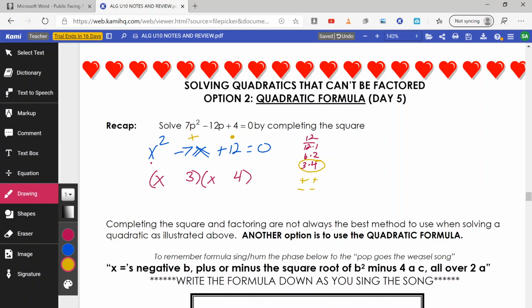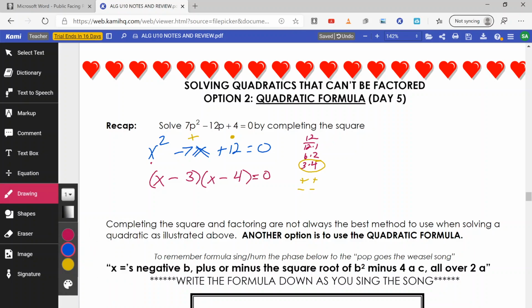We have to pick which sign we put inside the parentheses. Because we end up with a negative number in the middle, both will be negative. Negative times negative makes positive 12, and negative 3 minus 4 gives me negative 7. And this is still equal to 0.